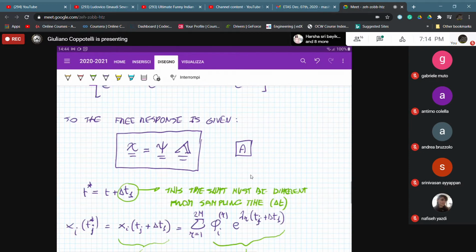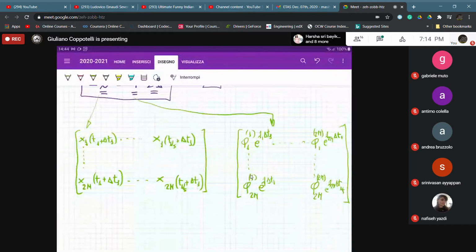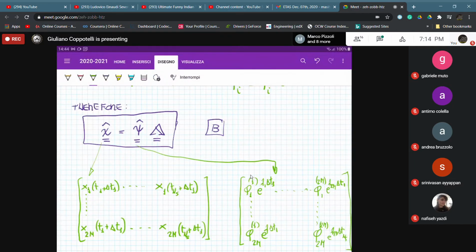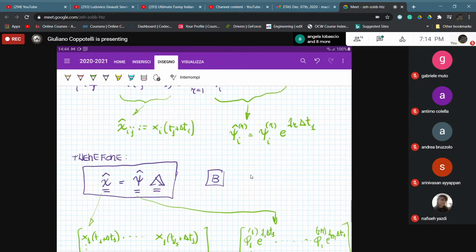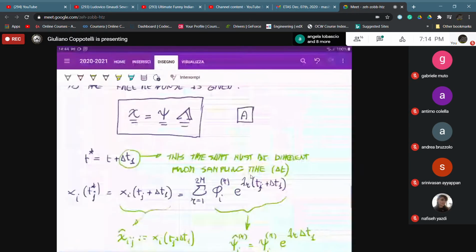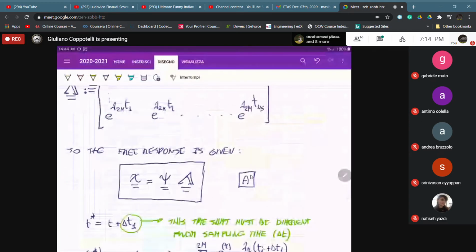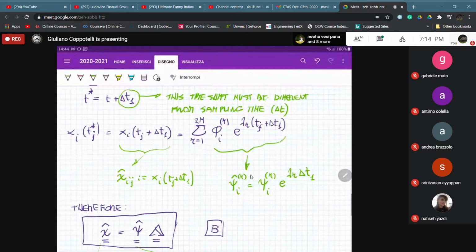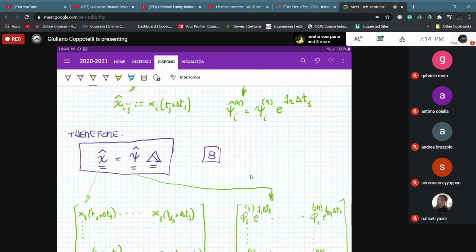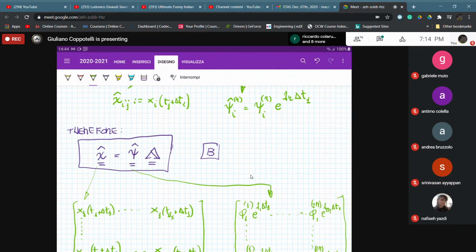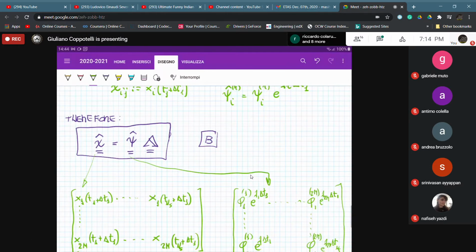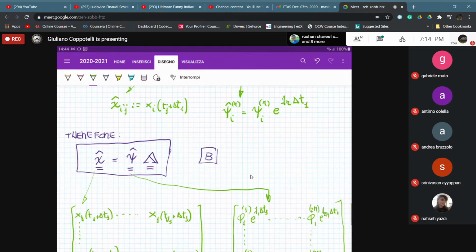So what we got in the phi matrix is just a time shift. Whereas the hat psi takes into account the eigenvector and your delta t1, that is your time shift.